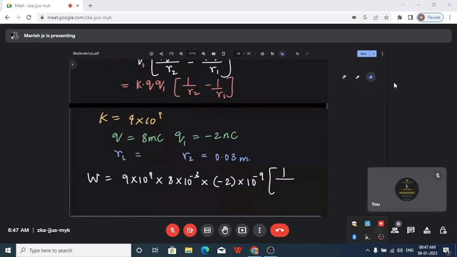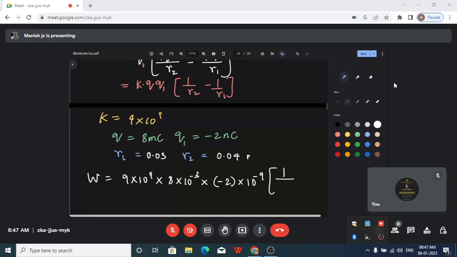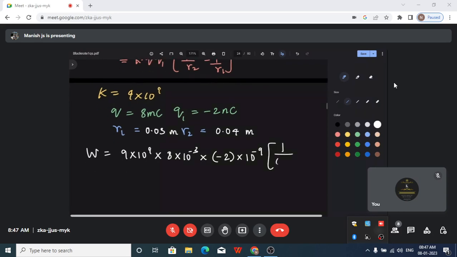R1 will be 0.03, isn't it? R2 is going to be 0.04. Okay, I just interchanged. Yeah, so ensure that you also change it. Then you go for a substitution.